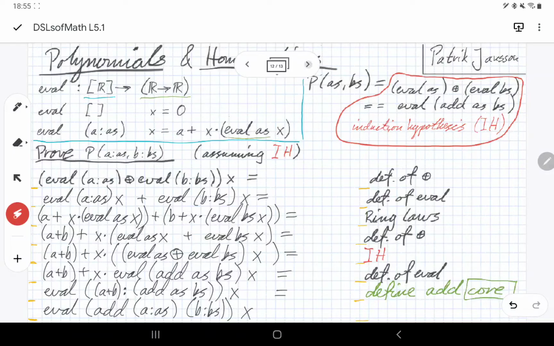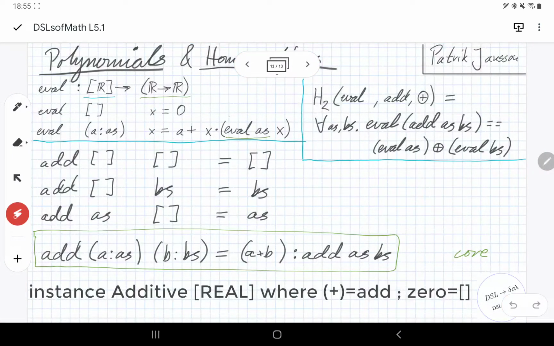So remember, we already had add defined for the other cases. So I've summed them up here. Actually, I also specified separately this one, but that was a special case of the others. And the only new thing, the core case here, was one we actually arrived at by trying to prove the induction step and noticing that if we only could get add of these two arguments to be equal to this, then the whole proof would be getting through. So let's have that as a definition.